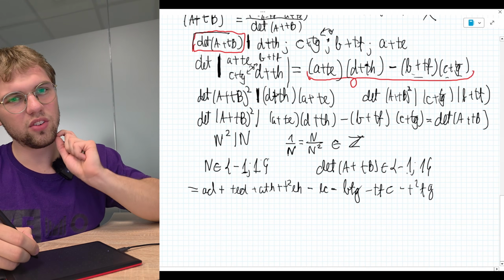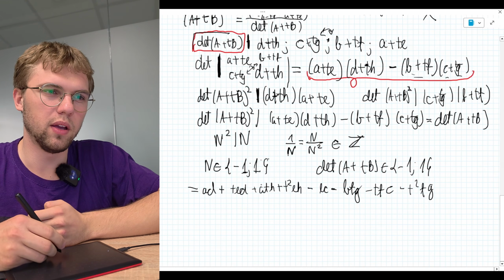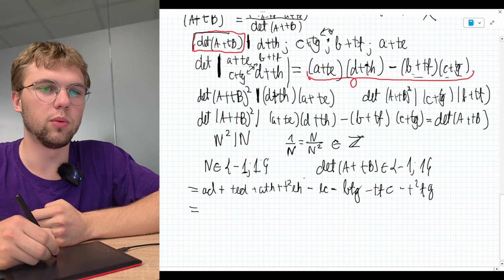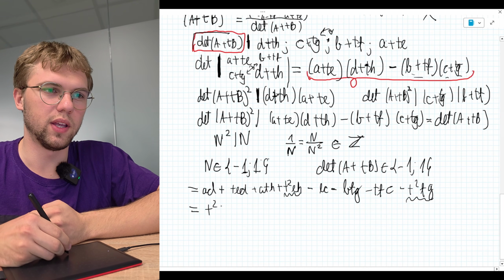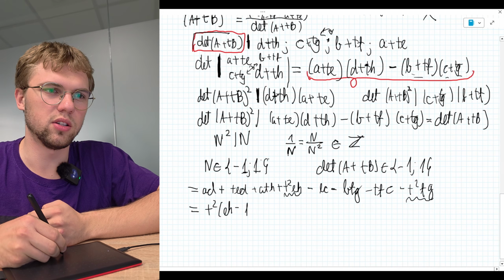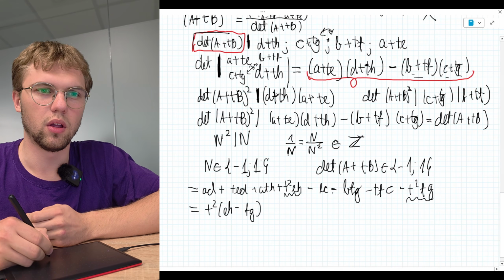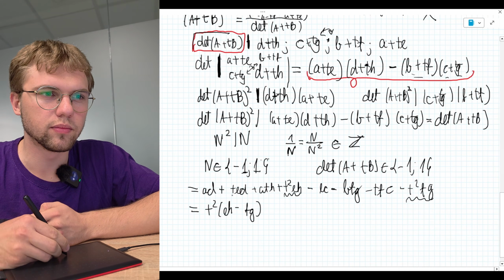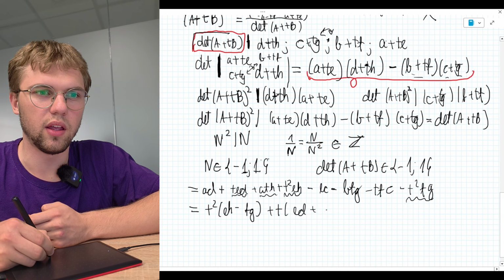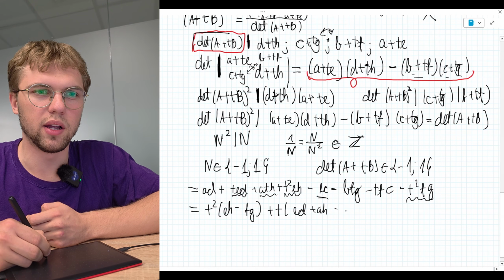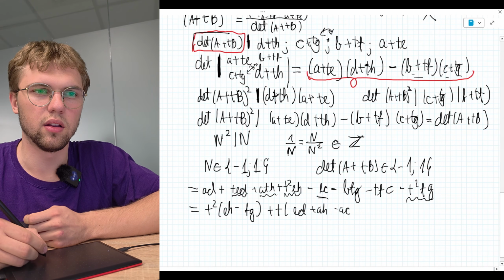And it's interesting what we have here, because, okay, I'll rewrite the terms. I'll group the terms. We get T squared times EH minus FG, plus T times the linear terms.